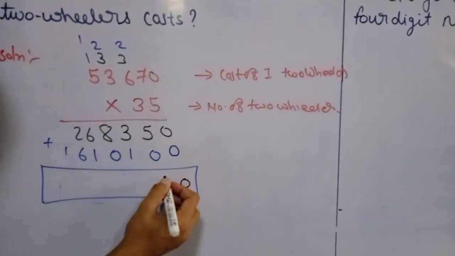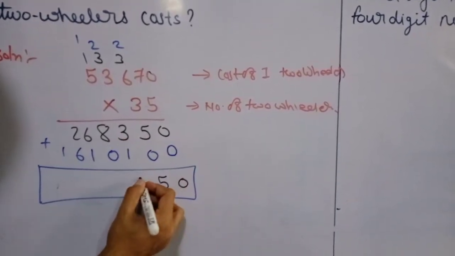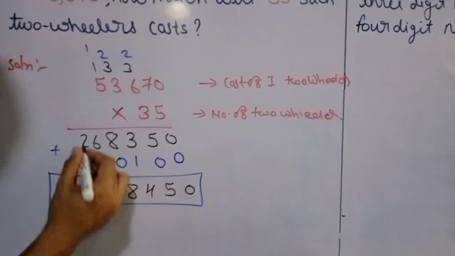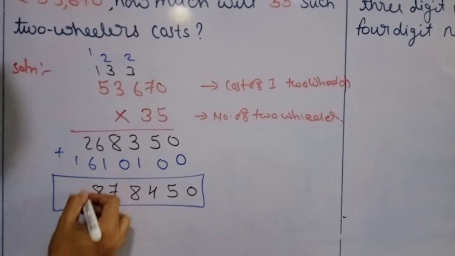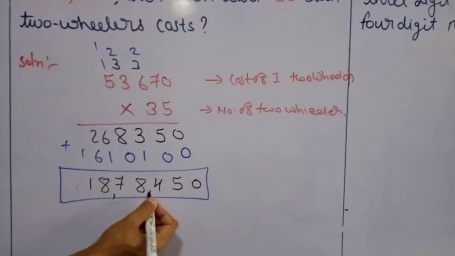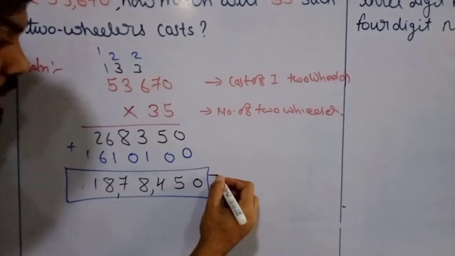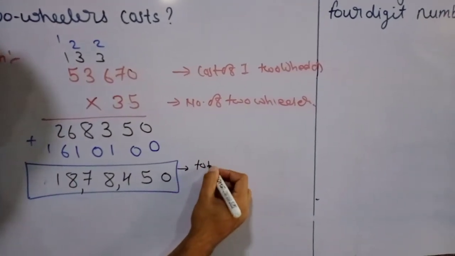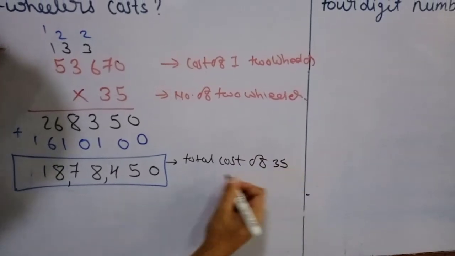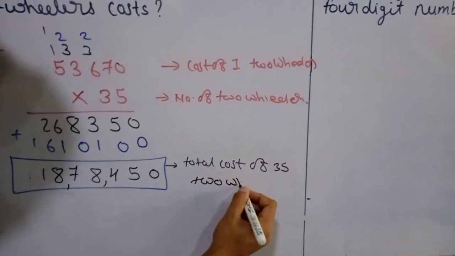0, 5 plus 0, 5, 3 plus 1, 4, 8 plus 0, 8, 6 plus 1, 7, 6 plus 2, 8 and 1. So it will become 18,78,450. That is the total cost of 35 two-wheelers.